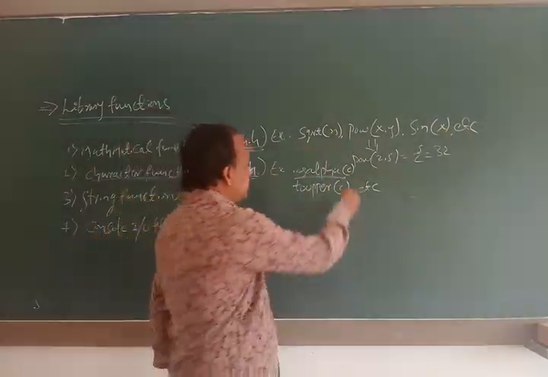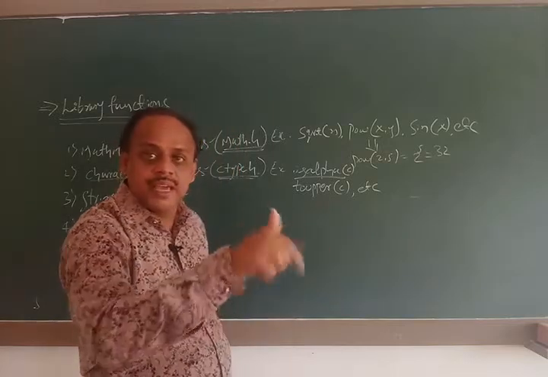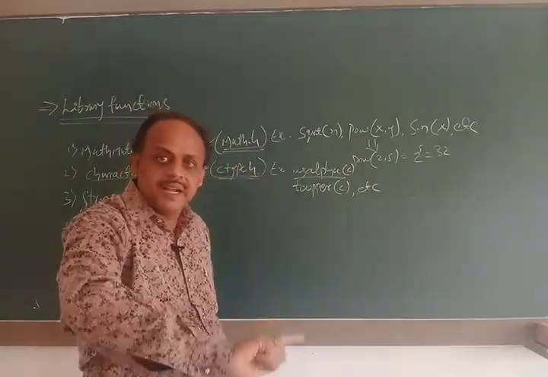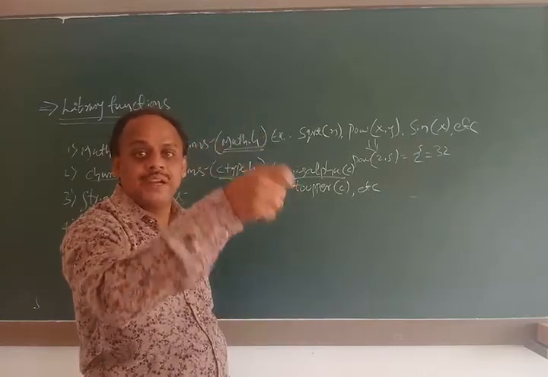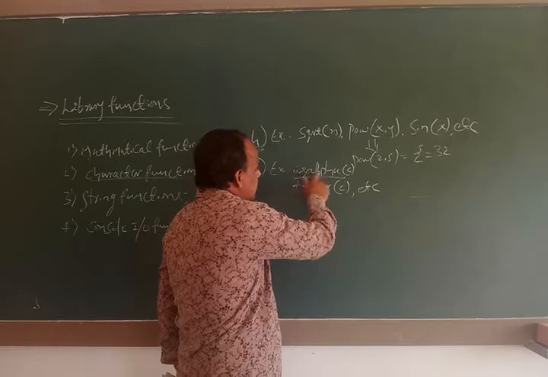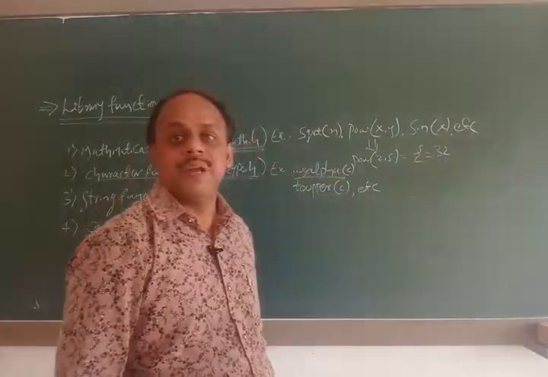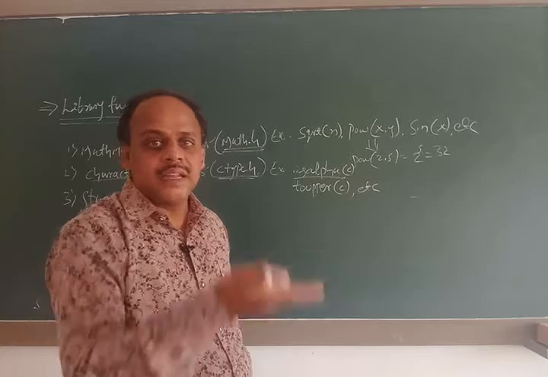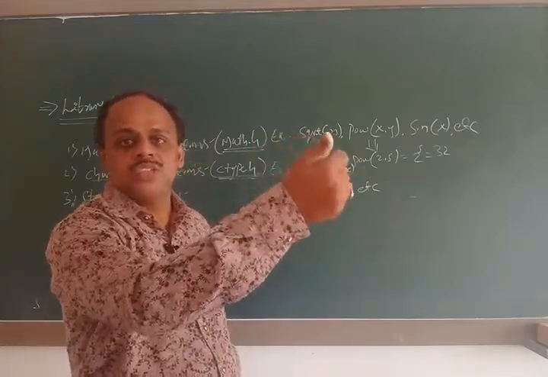Suppose C contains A, then isalpha of A is an alphabet. It may be a capital letter or a small letter. If it is an alphabet, we get the result true or 1. If C contains some number, it is not an alphabet, and at that time we get the result false or 0.